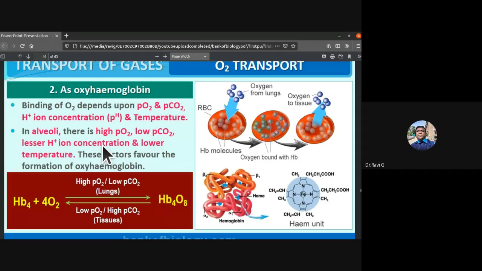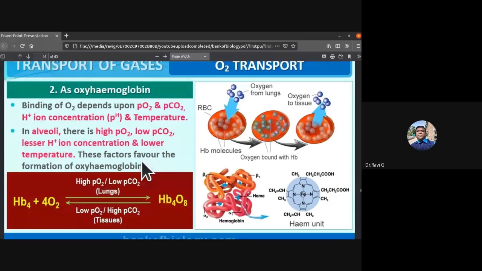In the alveoli, there is high partial pressure of oxygen and low partial pressure of carbon dioxide, lower hydrogen ion concentration, and lower temperature. All this favors oxygen binding to hemoglobin as oxyhemoglobin.